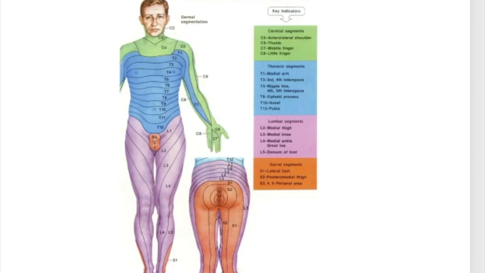If the patient can't feel the pin, you've got a problem. These dermatomes are very helpful in medicine for tracking injury, sensory information that's related to individual spinal nerves.